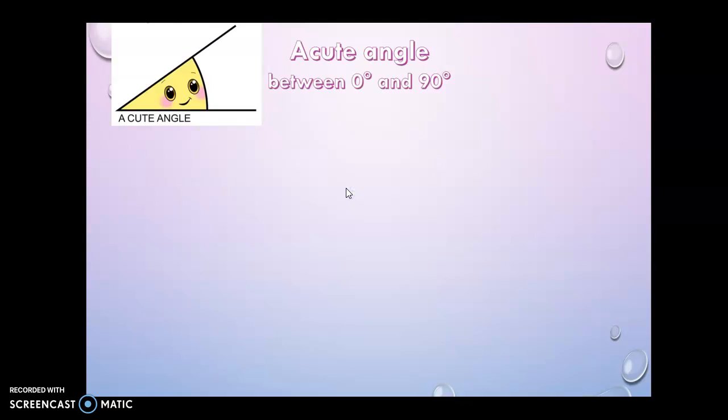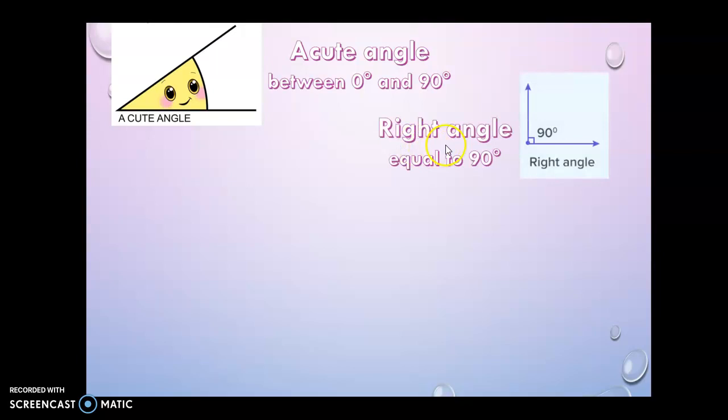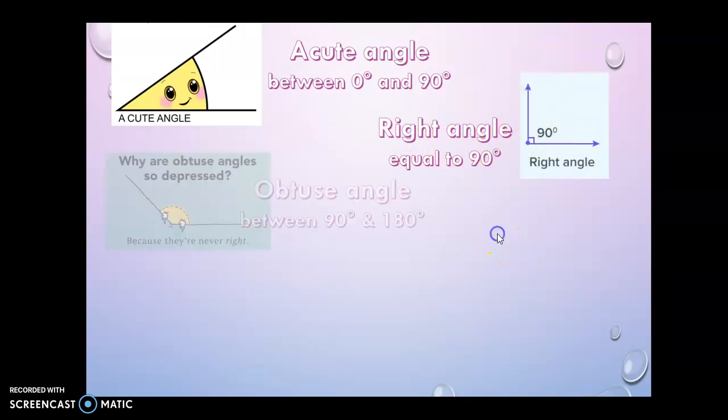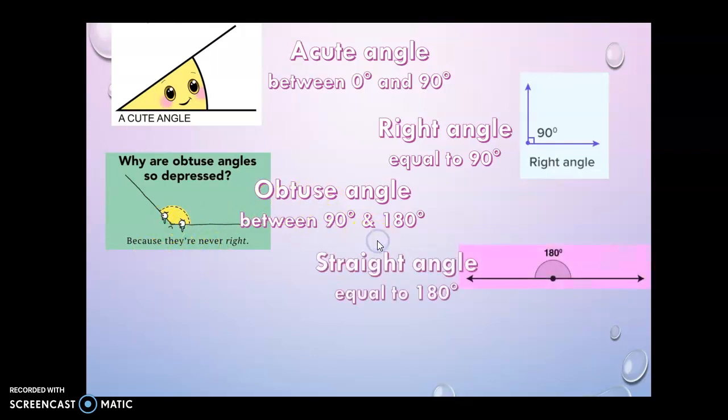And then let's talk about a few specific angles. What is an acute angle? Okay, there's the arms. So an acute angle is between 0 and 90 degrees. A right angle is always equal to 90 degrees. Why are obtuse angles so depressed? Okay, little joke, because they are never right. But an obtuse angle is between 90 and 180.